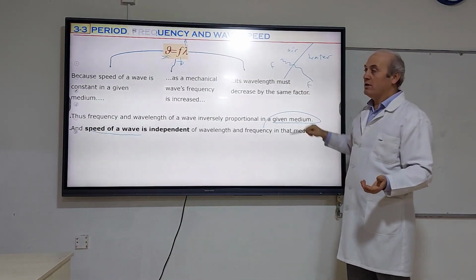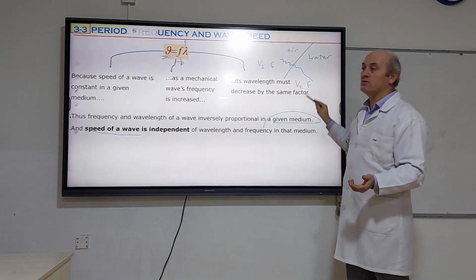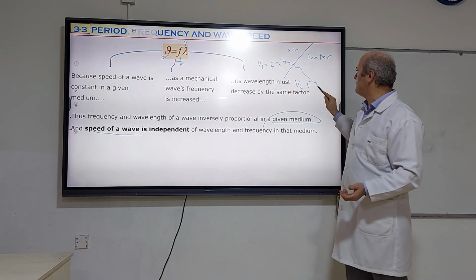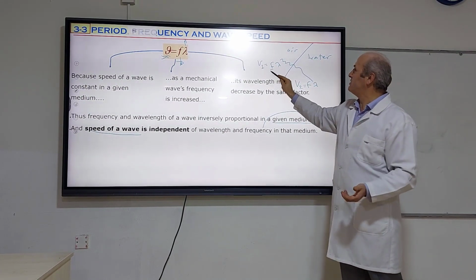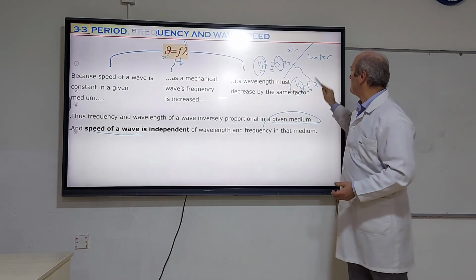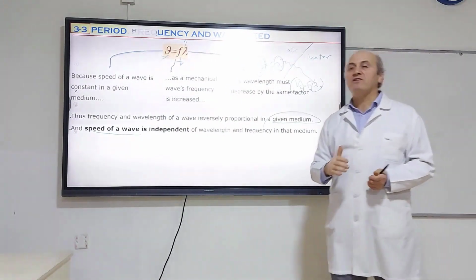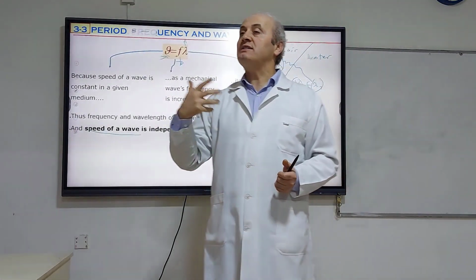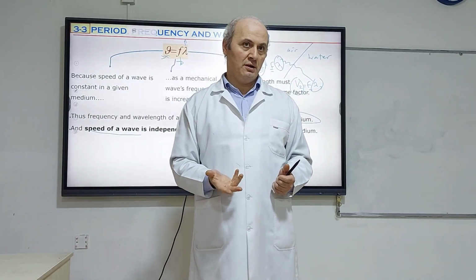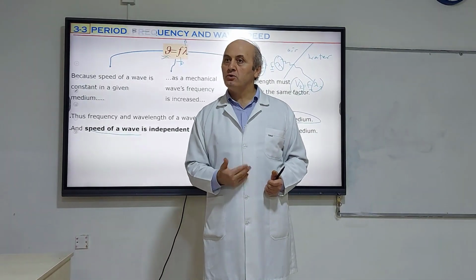Here is v1, small. Here is v2, big. So in this case, the lambdas must also be different. If f is the same and the speeds are different, the wavelengths must be different as well, directly proportional. That is, as a wave travels from one medium to another, speed and wavelength are directly proportional. Faster, longer wavelength. Slower, shorter wavelength.